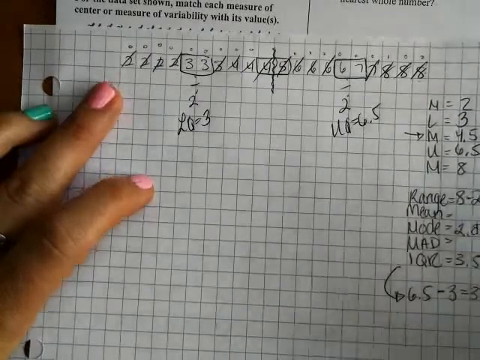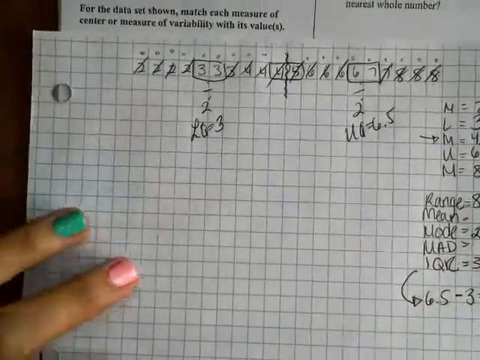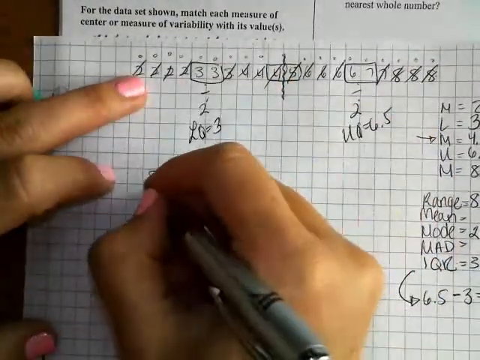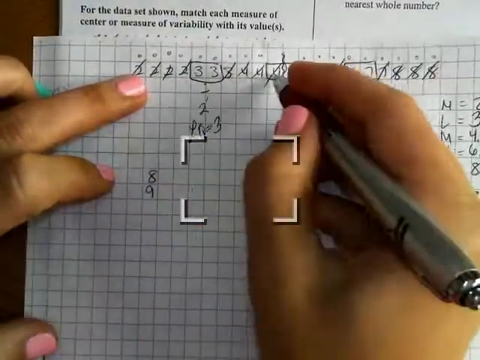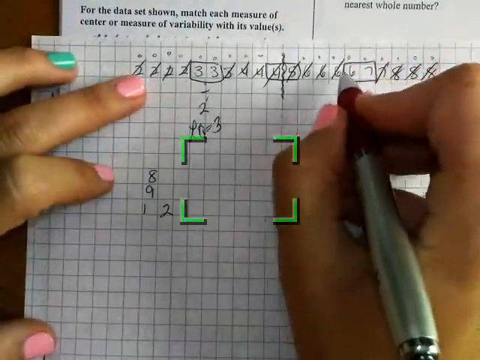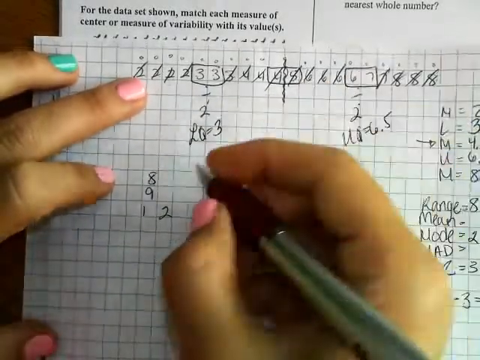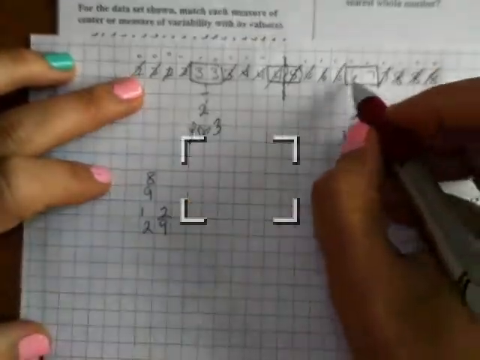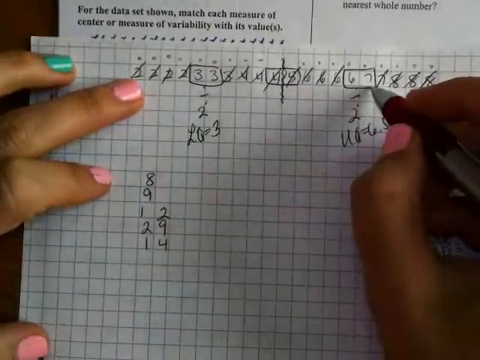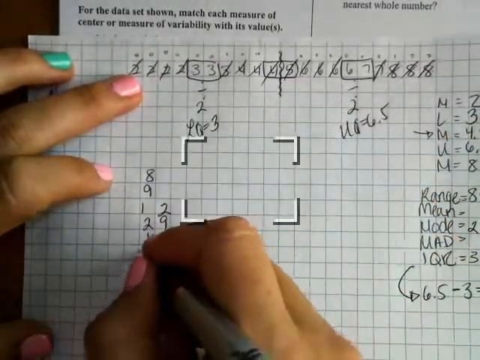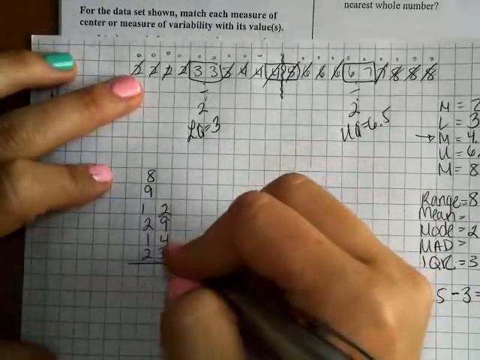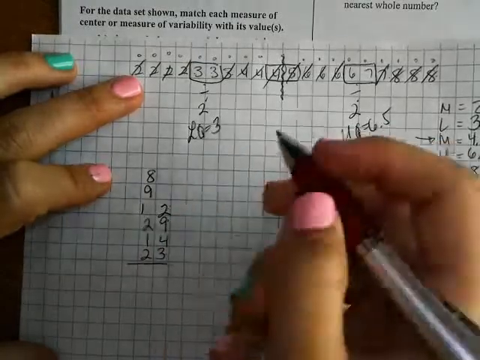And now we need to find the mean and the MAD. Okay, add them up. 2, 4, 6, 8. 3, 6, 9, 12, 15, 18. 24 plus 5 is 29. Then you have 14, and then you have 23.